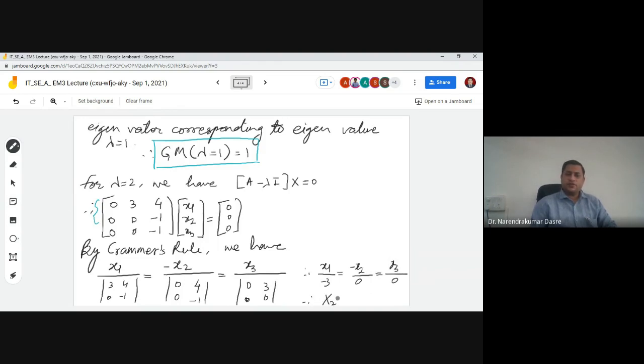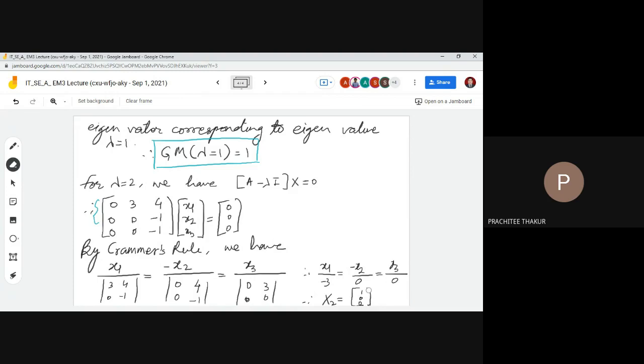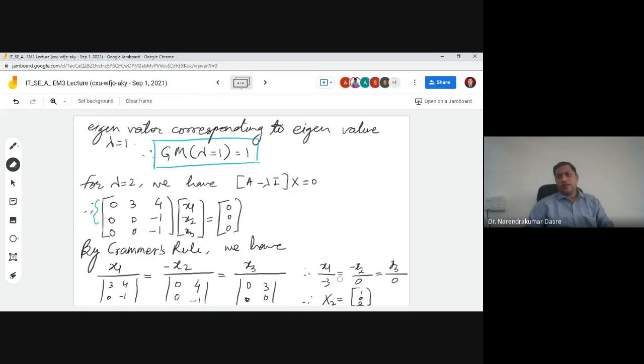So can I have this x2 like 1, 0, 0? Can we write like this? Yes, sir. Because minus 3, I can divide everything by minus 3. Here it is 0, so I don't have any problem.